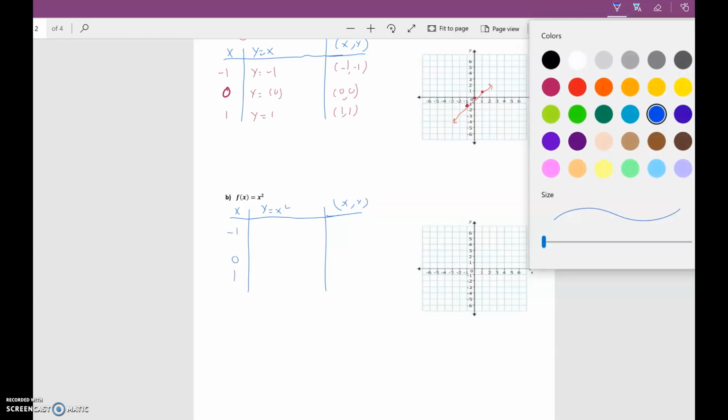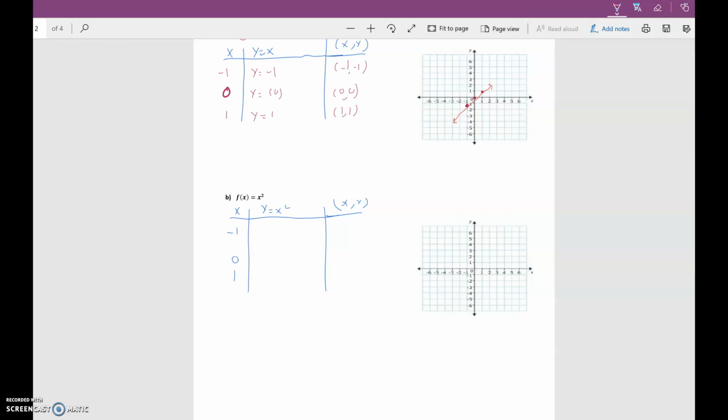Careful on this one because of the actual outputs. So y is equal to -1 squared is equal to 1, so -1, 1. y is equal to 0 squared is equal to 0, so 0, 0, and y is equal to 1 squared, which is 1, or 1, 1.